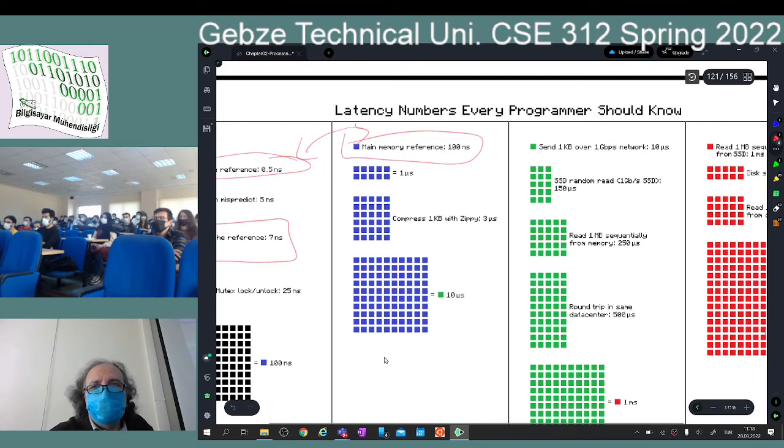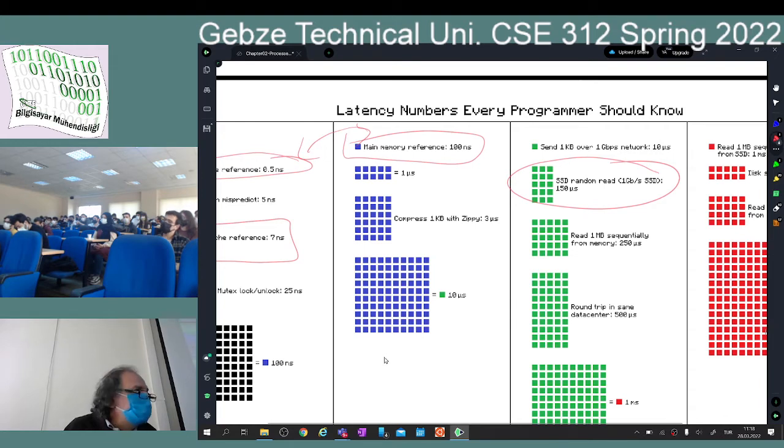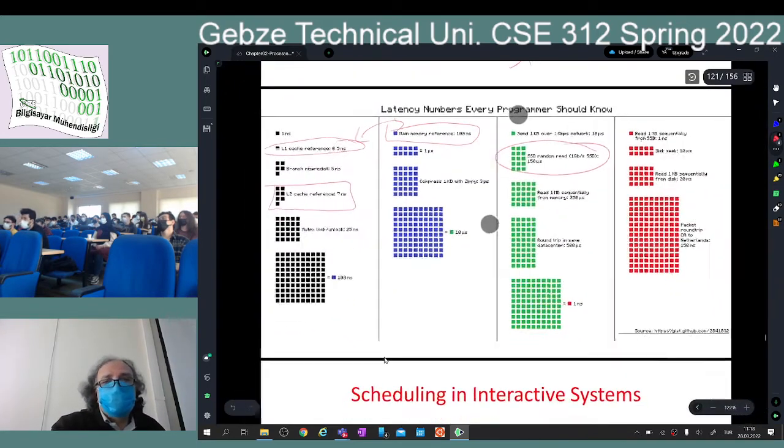SSD random read: from nanoseconds to microseconds. That is 1,000 times more time, because we are now talking about microseconds. And by the way, this is an SSD, not a mechanical hard drive. So a context switch is that expensive, 1,000 times more expensive than continuing to use the same process. That's why we don't like context switching much.